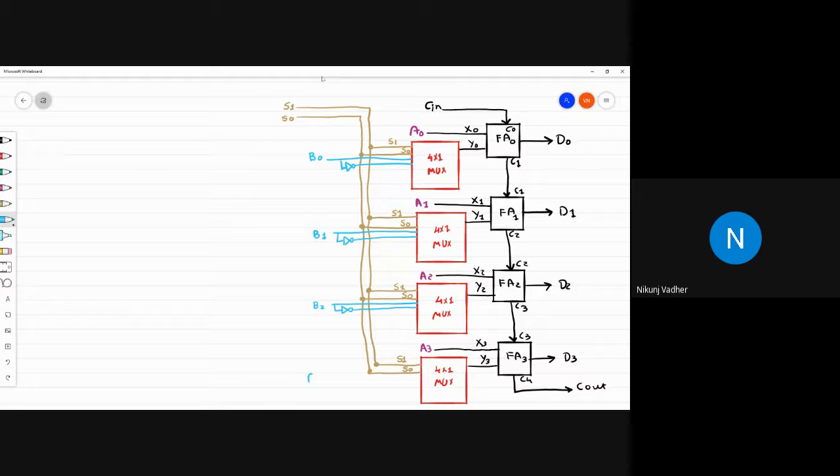And similarly, we will have bit 3. Next, we will have two more inputs, that is 0 and 1. That we already took, so let's pick another color. Yes, this is 0.